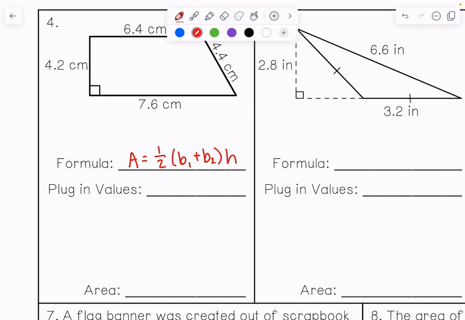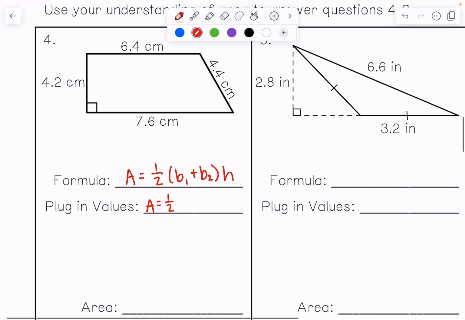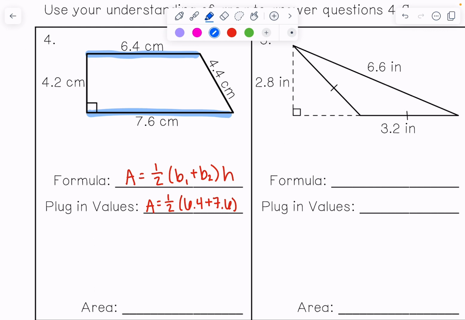All right, now I want you to plug in your values. Area equals 1/2. Our bases here should have been 6 4/10 plus 7 6/10 because those were our parallel lines. And then the height should be this 4 2/10 because this is where the right angle is formed.